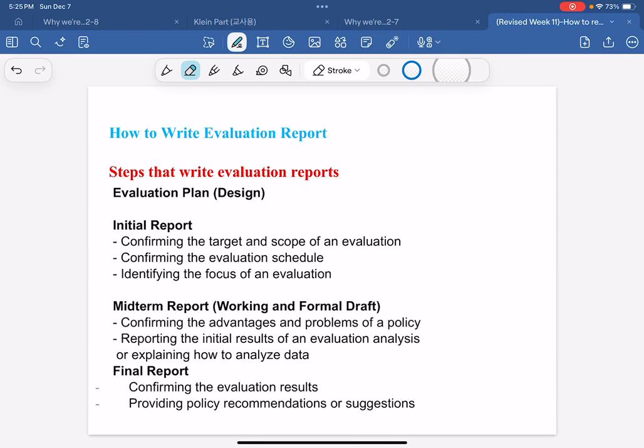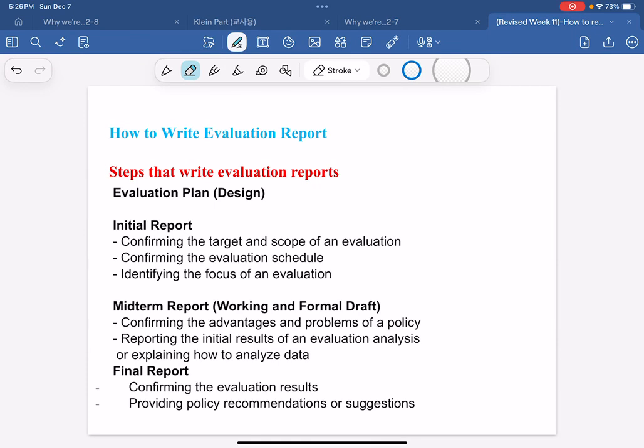And then before evaluation, you need to check that your policy needs to be evaluated, and also you need to check that there is some kind of data set for effective evaluation.